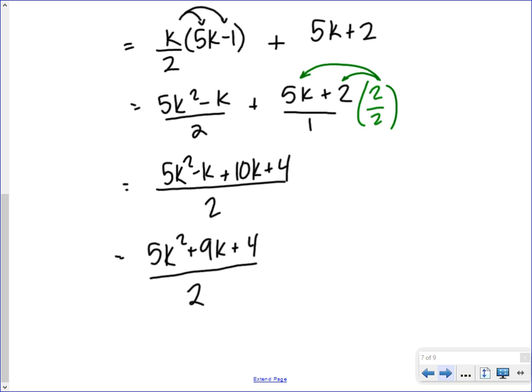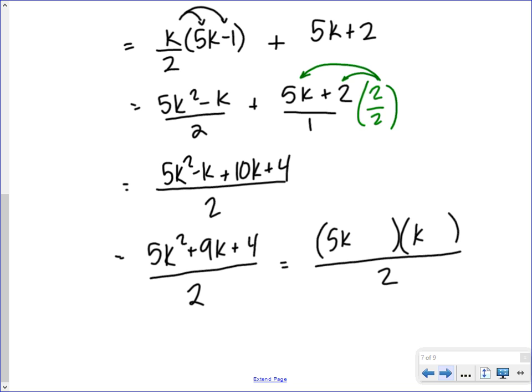So if I were going to try to factor that, I would have 5k and a k as first terms in my binomials. That will give me my 5k squared. And then to get the 4 in the back, I need factors of 4, 1 and 4, or 2 and 2. If I use 2 and 2, I'll get 10k and 2k. Not helpful. That's 12k, not 9k.